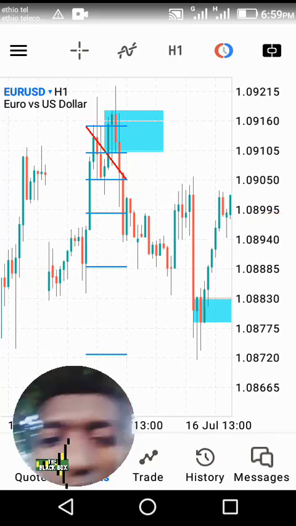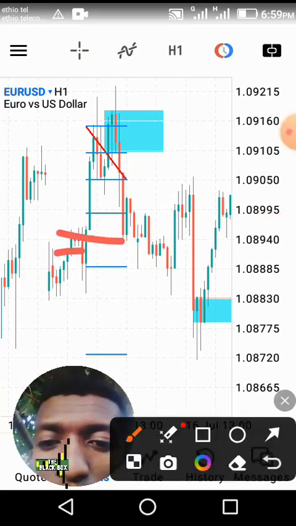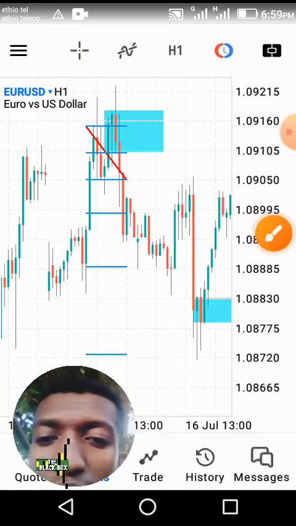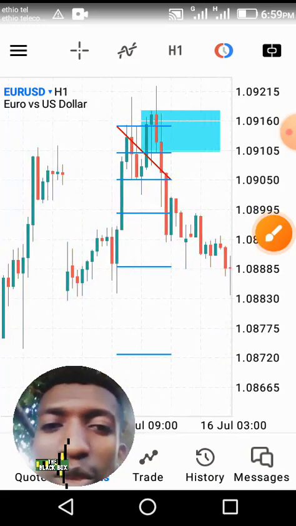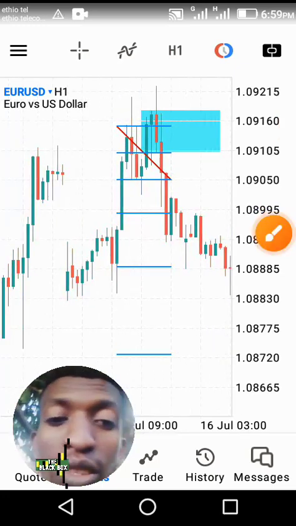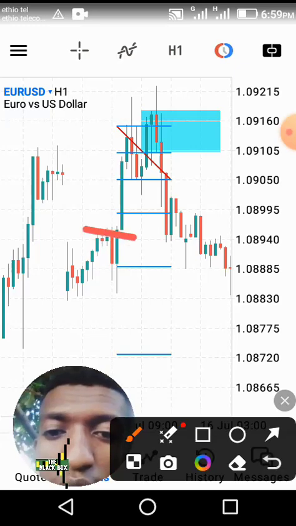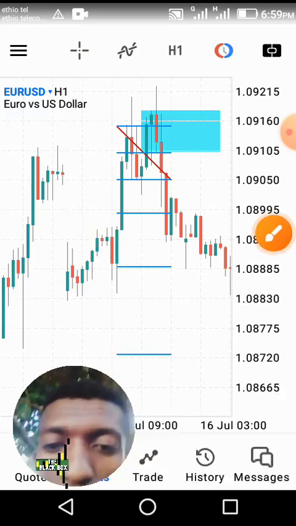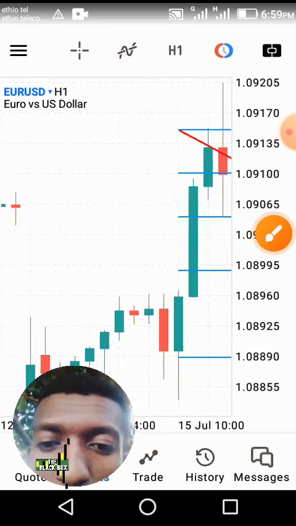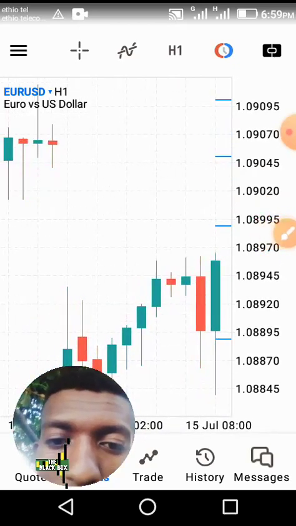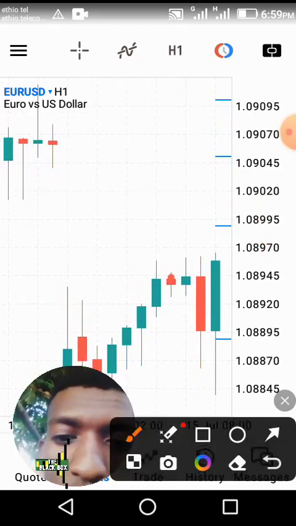For people who are seeing this one as the force model, no, it is not. Why? Because this is a two candles black box. There is a difference. This is a two candles black box right here. When you zoom in, what happened here? We trade it here, we trade it here, then this candle broke.